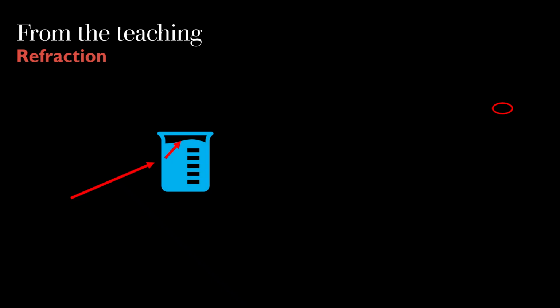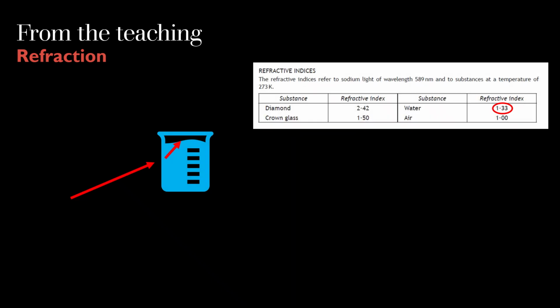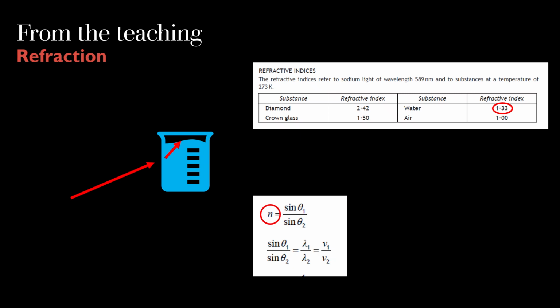And indeed, there is one, and we can see that it's 1.33 for water, which is the same as sodium at 589 nanometers. Now, just on the off chance there's a useful equation in the data sheet as well, we can look to see if there's anything that relates n, the refractive index, to speeds. And hey presto, there is indeed.